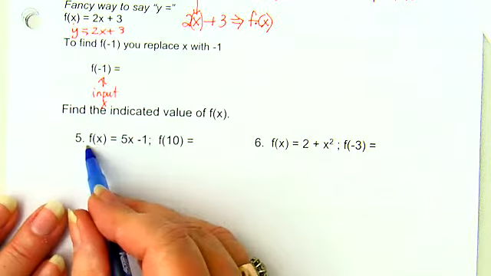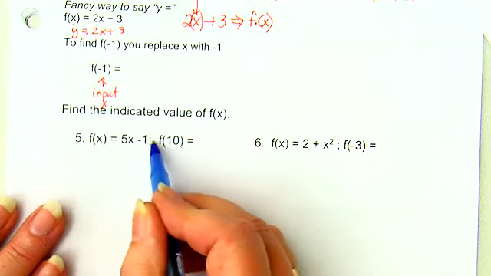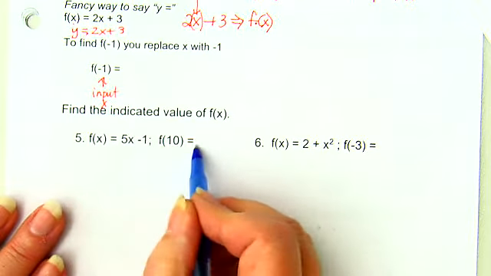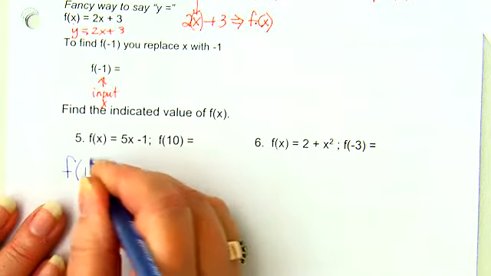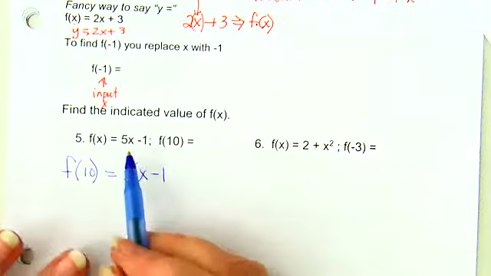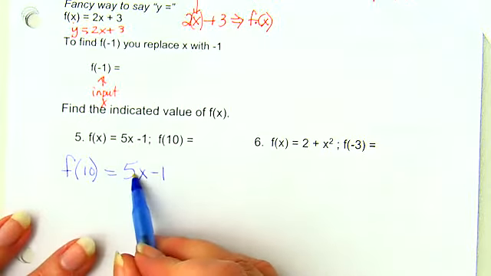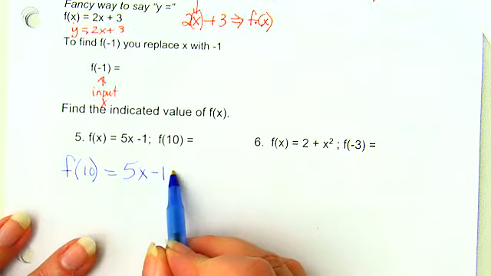So it says f of x equals 5x minus 1, and this is asking the question: what is the value of this function when x is 10? So this function rule says multiply by 5, then subtract 1.